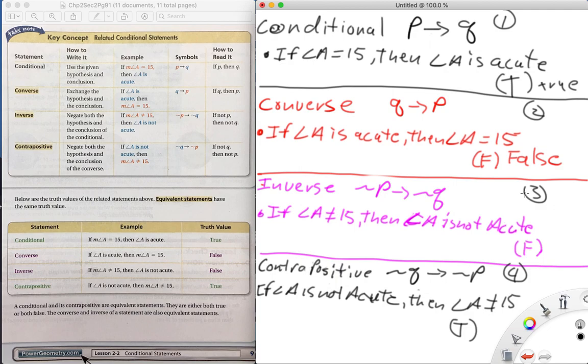I can't prove these guys false, so these are equivalent statements. Why do I know they're equivalent? Because they have the same truth value. They're both true and they're both false.